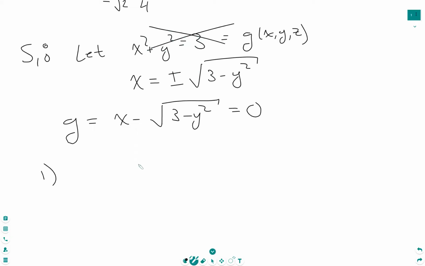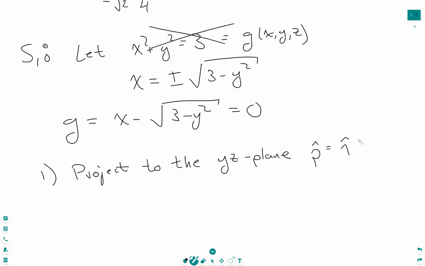So if we're going to the YZ plane, we're going in the X direction. So our P vector is i hat.